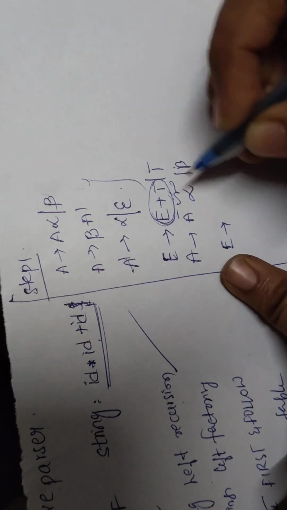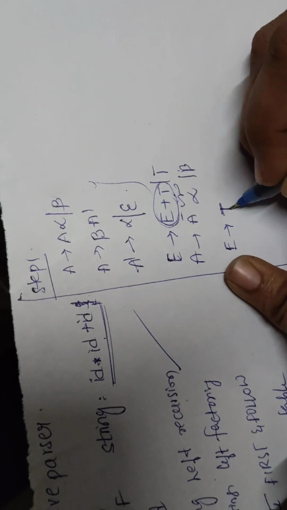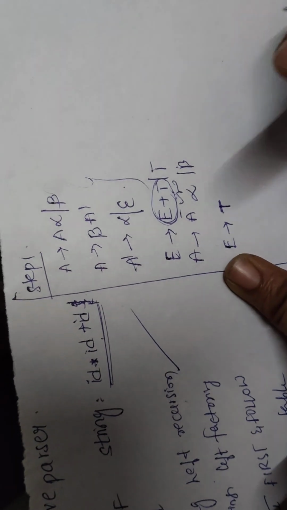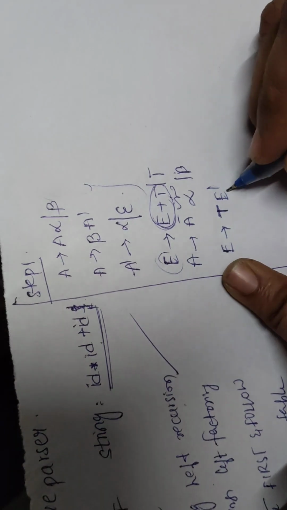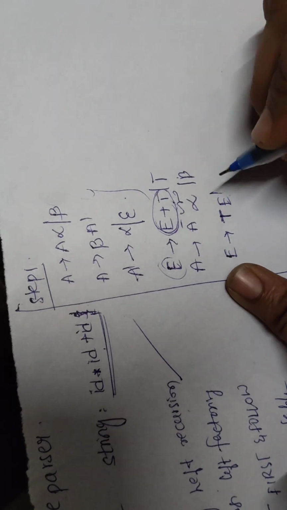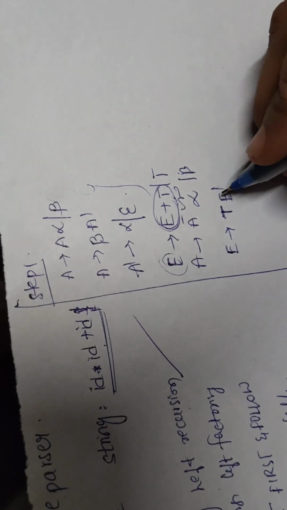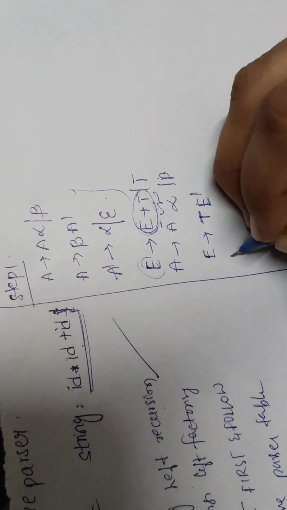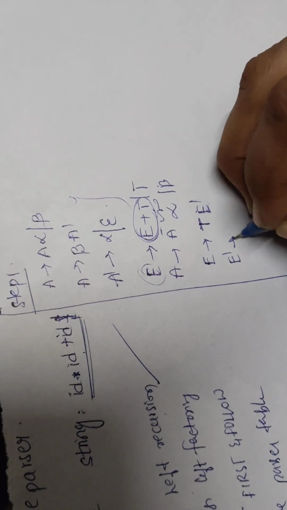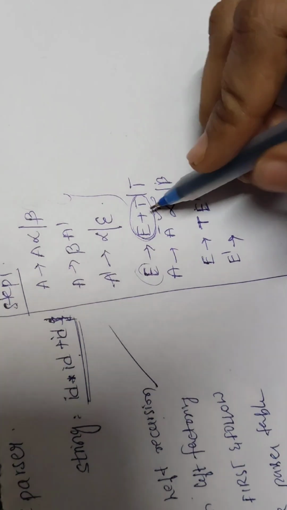E produces T, and now we have to introduce a new non-terminal E dash. For the starting symbol, you just need to add a dash. Next, now that you have introduced E dash, you need to write the production for it also, right? So E dash produces, write the remaining.